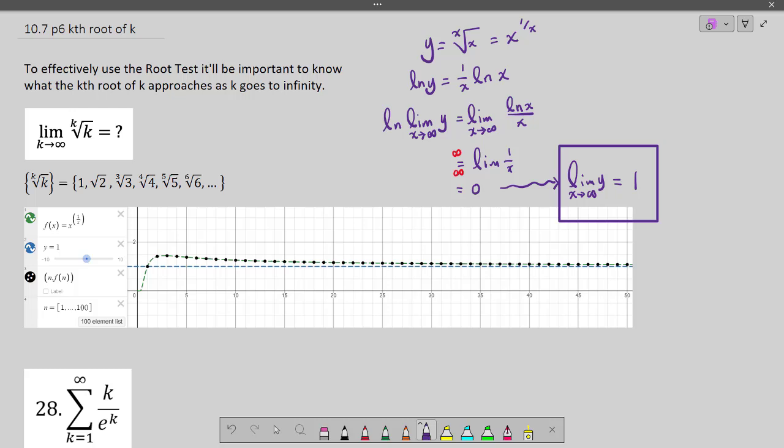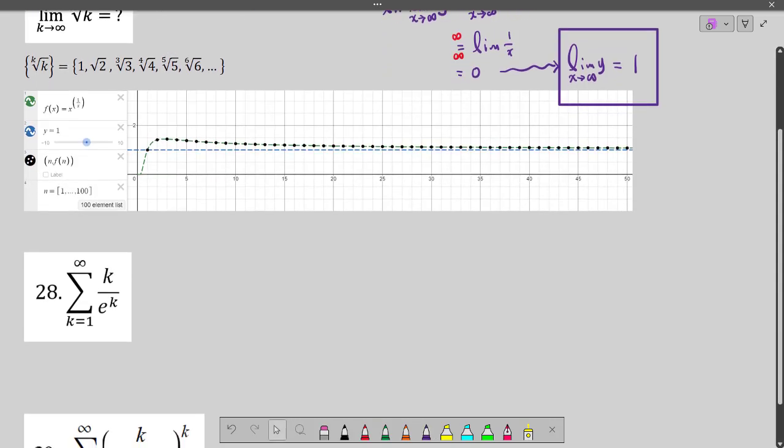So again, not obvious, but a pretty easy one to prove with our log limit process. And if we look at the Desmos graph, we can see that that makes sense. As x goes to infinity, these kth roots are approaching 1. Horizontal asymptote of 1.